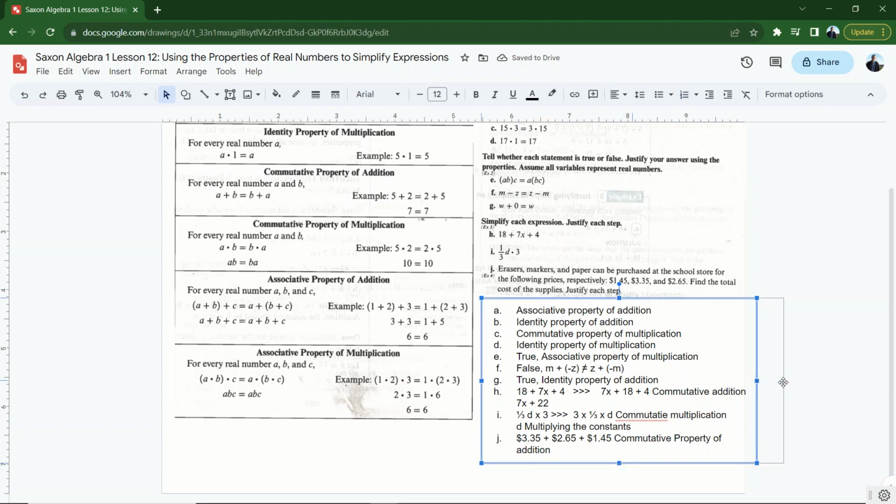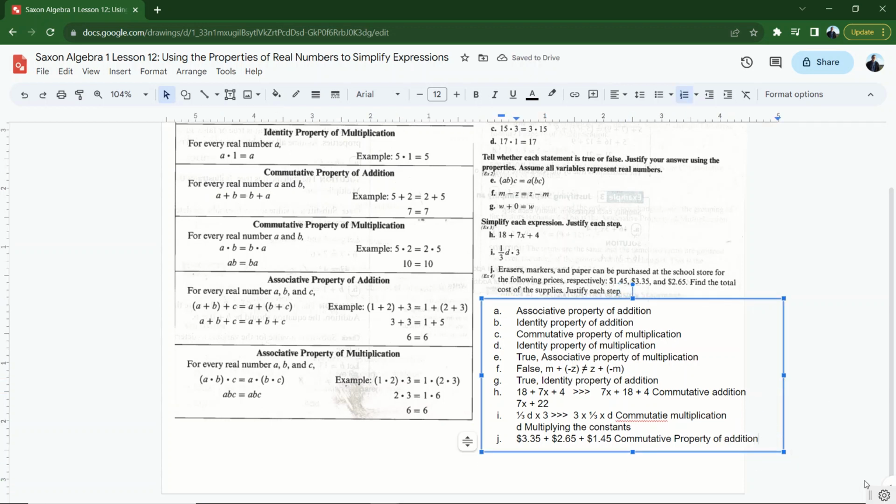What I'm going to do is associate together $3.35 and $2.65 with parentheses, and it's still going to be plus $1.45. This is the associative property of addition.